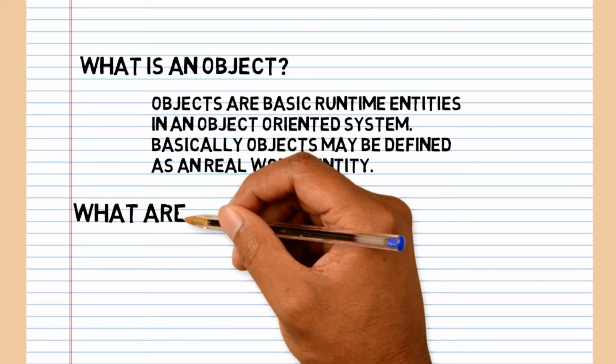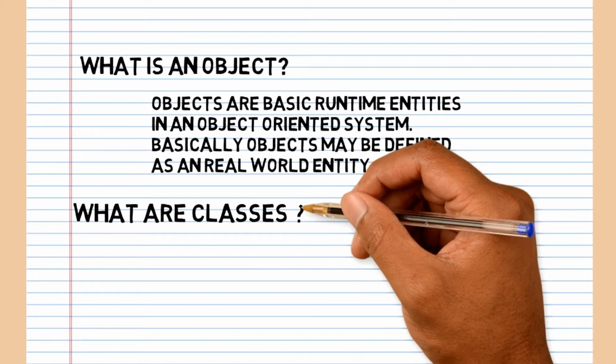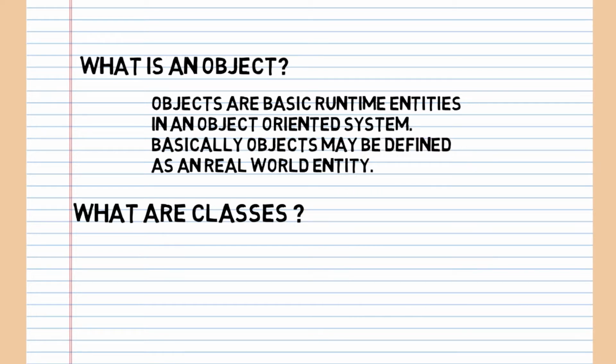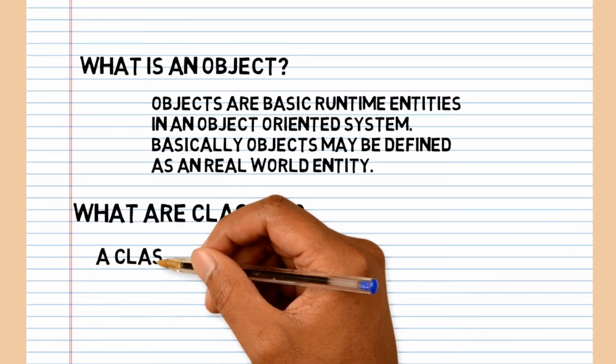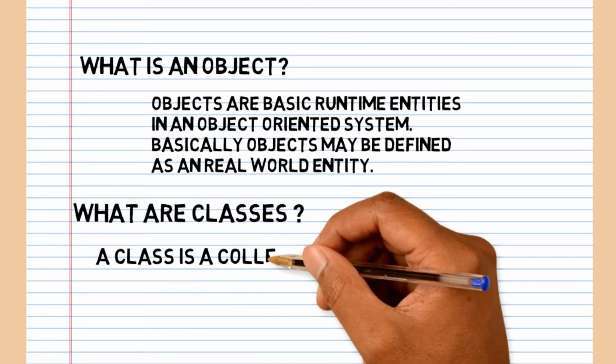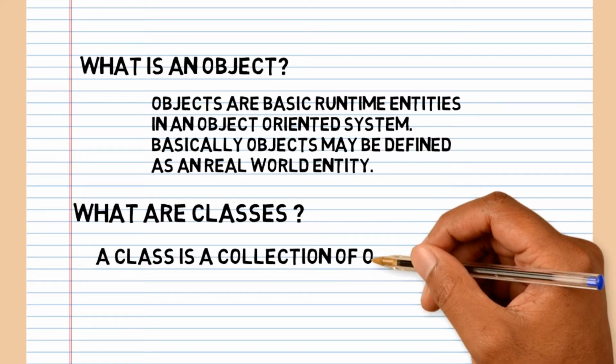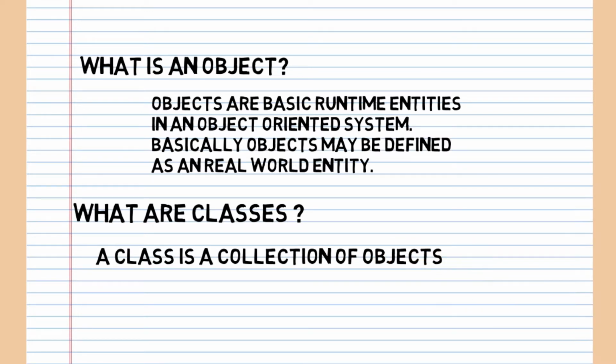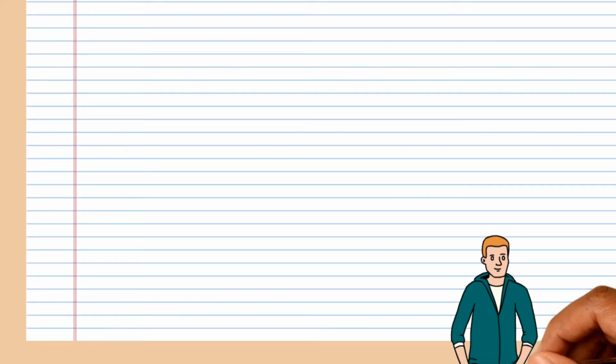It can be a pen, paper, mobile, everything can be termed as an object. Then what are classes? Classes are the blueprints from which objects are formed, or we can say that a class is a collection of various objects. So this was the concept of objects and classes, the basic building block of Java.